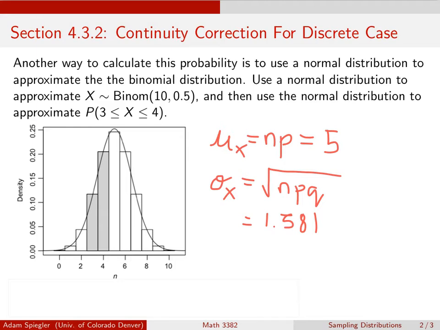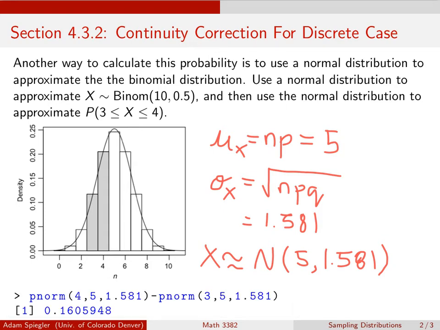That's what this normal distribution drawn on top of the binomial distribution is given by. So we can approximate x with a normal distribution with a mean of 5 and a standard deviation of 1.581. And then I could use R to come up with an estimate for the probability that x is between 3 and 4.